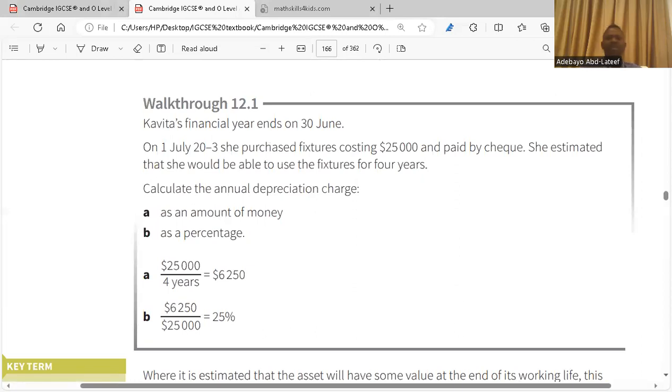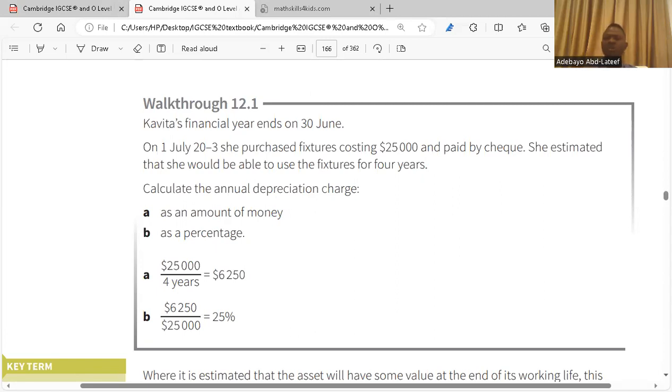Yes. So let's see. They said Capital's financial year ends on 30th June. On July 1, 2023, she purchased fixtures costing 25,000 paid by check. She estimated that she would be able to use the fixture for 4 years. So the economic life of that fixture is 4 years.